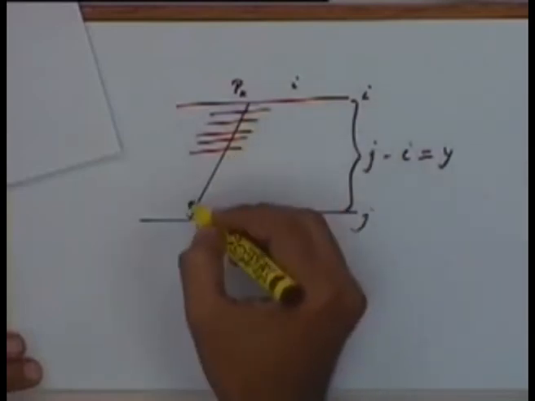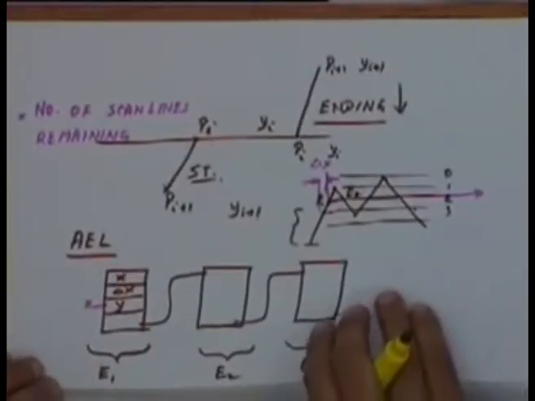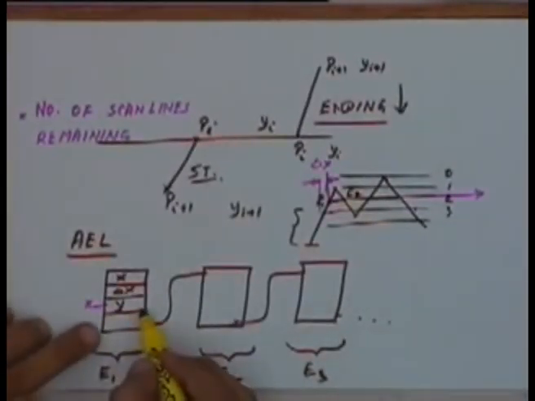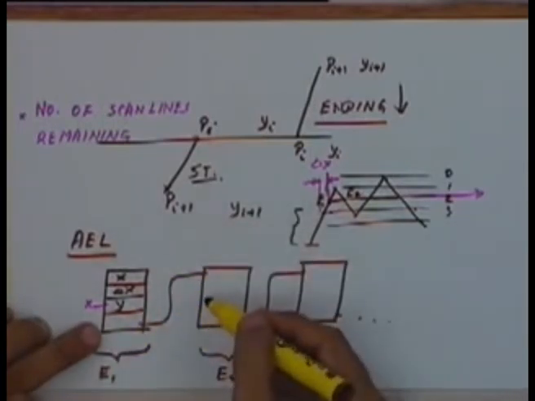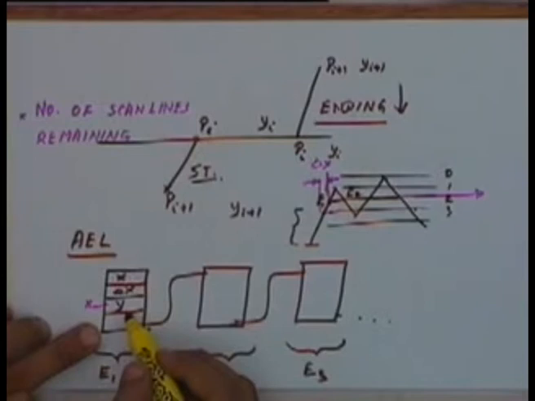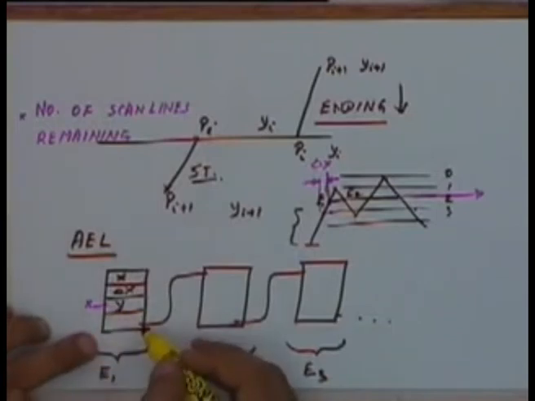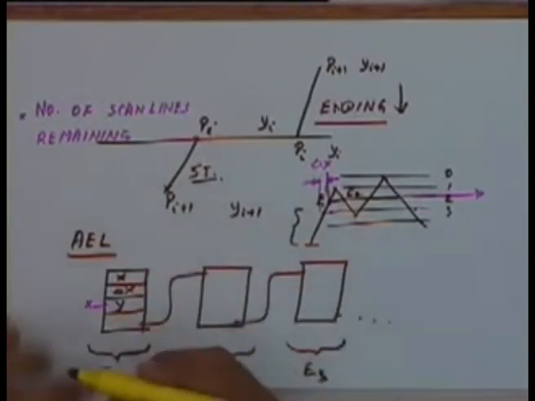Okay. So, with every edge we will also keep track of the number of scan lines remaining, and every time we go from one scan line to a second scan line, we will be decreasing the value of y by 1, and if this happens to become negative at any point, that edge has to be deleted.